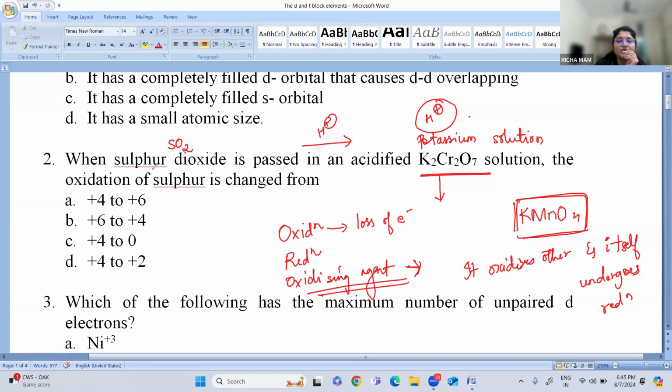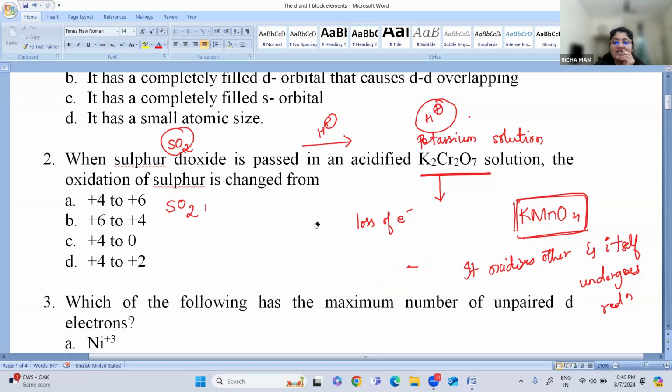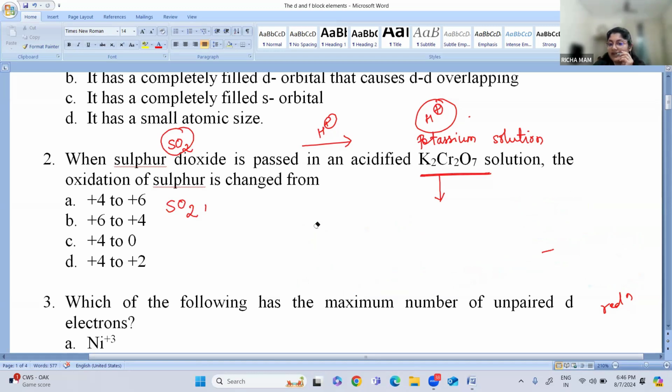Now, when you see SO2, sulfur dioxide, can you find out the oxidation state of sulfur? Let me find it, you all also try. We know that commonly the oxidation state of oxygen is -2.